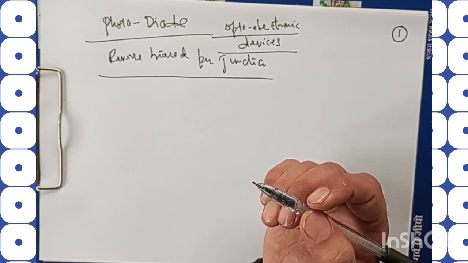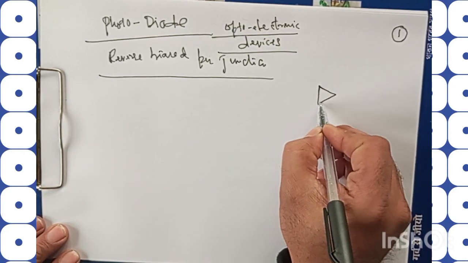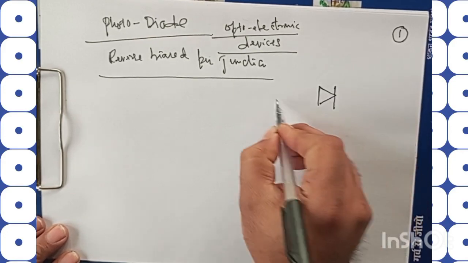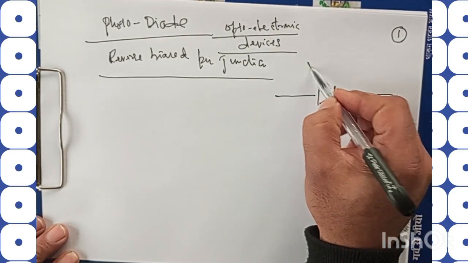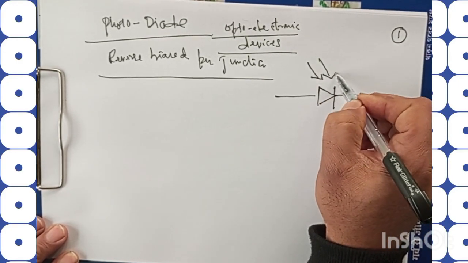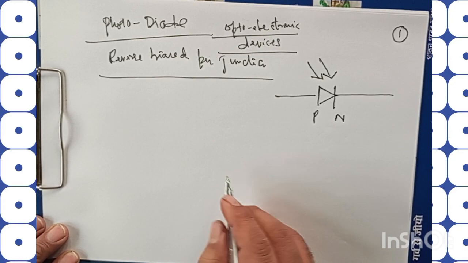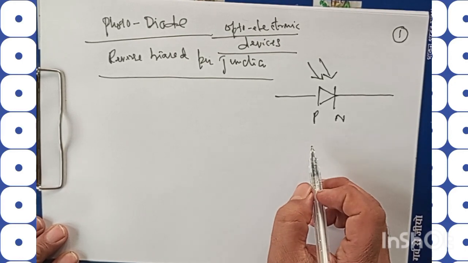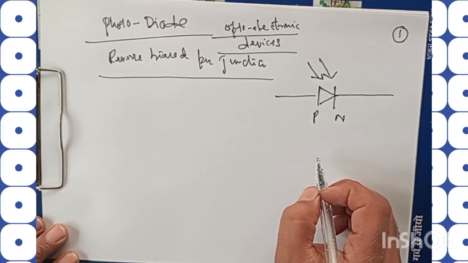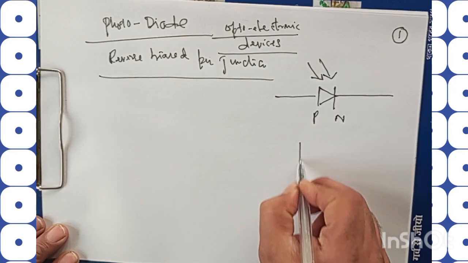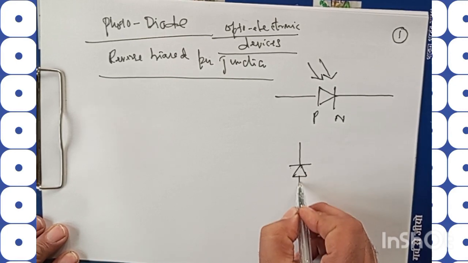Now, if I have to symbolize this photodiode, we have a PN junction, and we allow the light to fall on it. This is my P side and this is my N side. And if I have to see the relation between voltage and current, I would like to draw this. We have a photodiode.